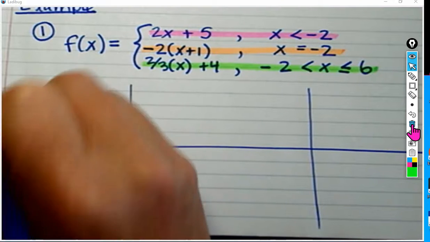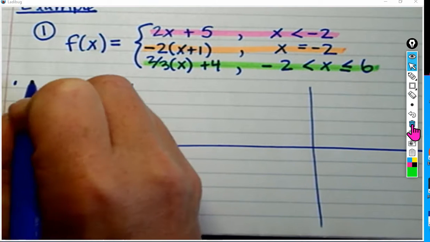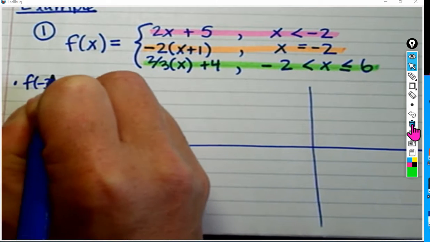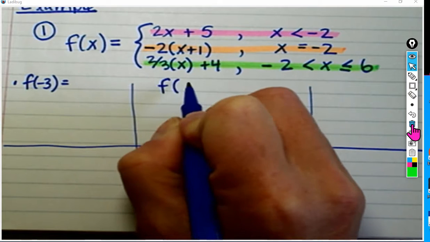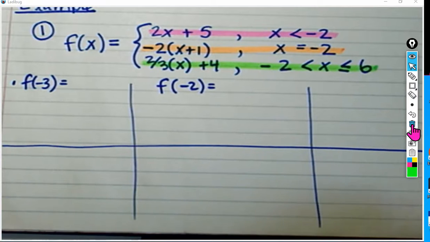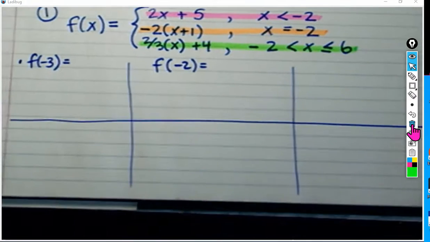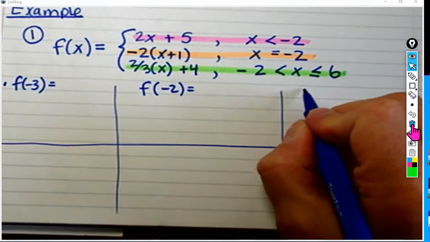How big should they be? 3 lines tall should be sufficient. And I'm just going to put a couple different statements here, and we're going to evaluate one function a couple different times.